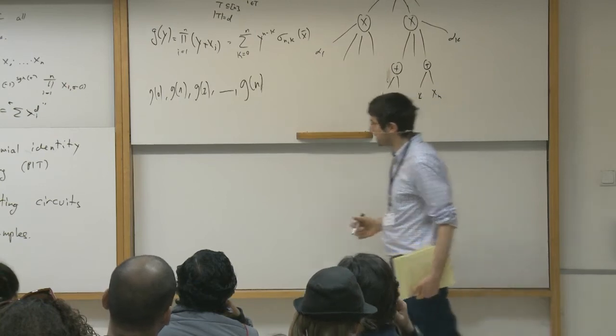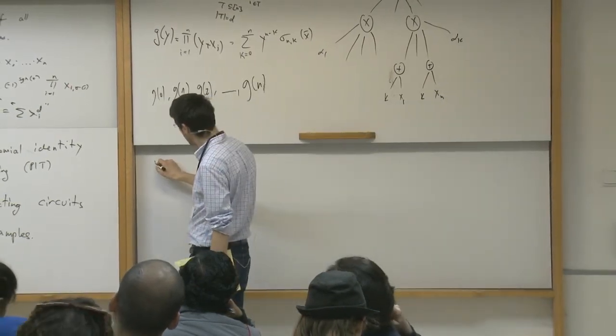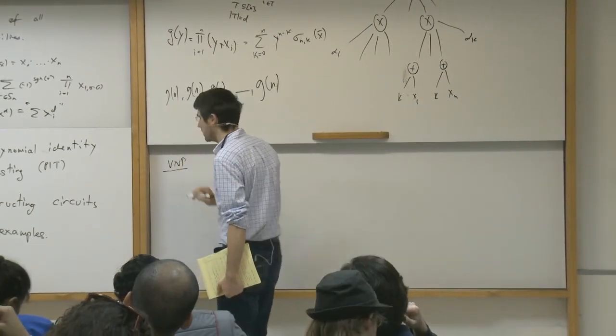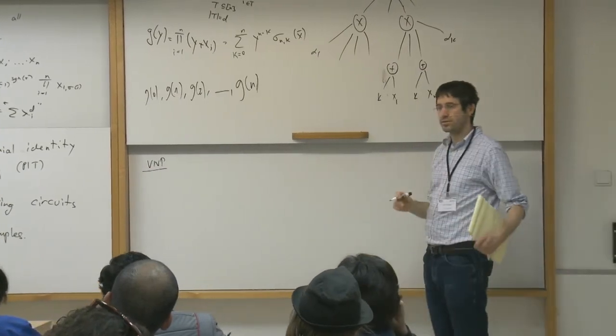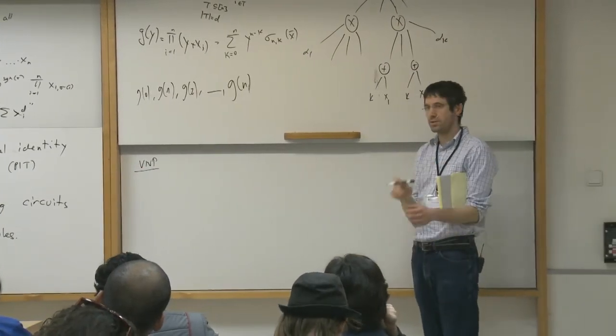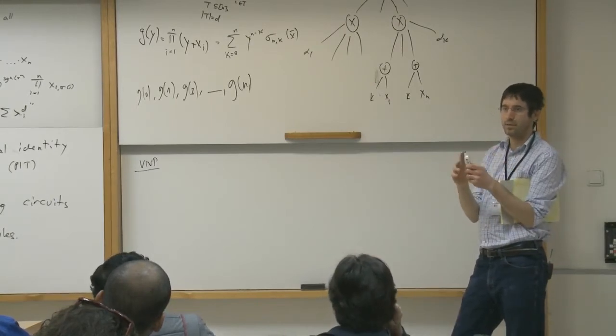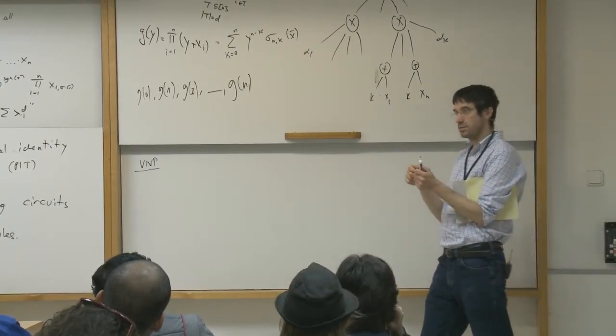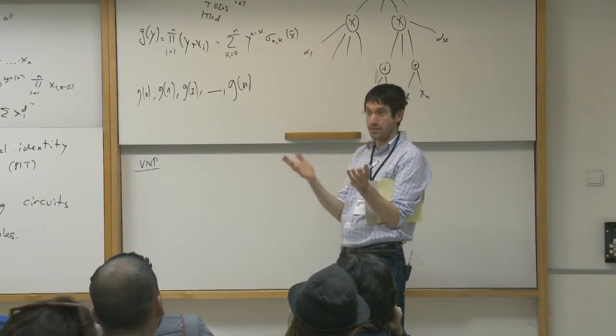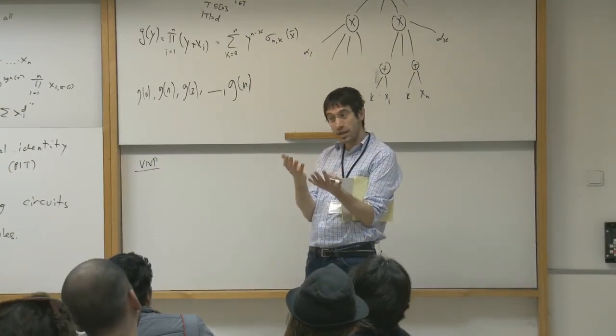Okay, so now let's define the class VNP. The definition may seem a bit strange at first, but let's think, what is NP? You start with a language in P, but in which the input is divided.